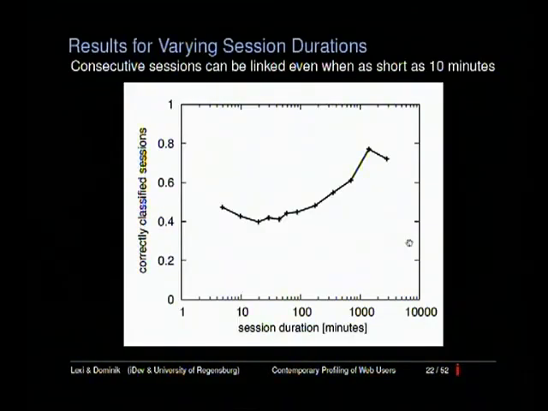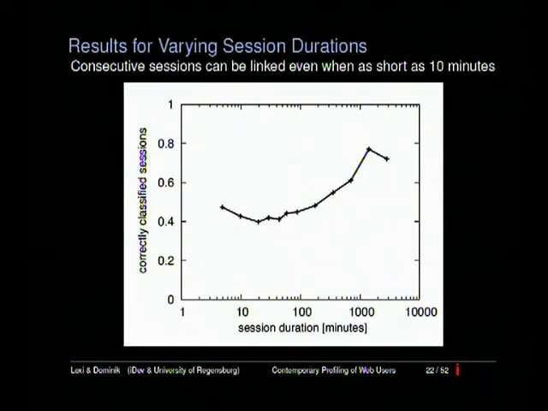Now, while this is certainly interesting and maybe even a problem, we wanted to know what the actual characteristics of this problem are. So what we did is we looked at different session times. So far, I only looked at day, meaning 24-hour session times, and you see this is the peak with 1,440 minutes in this graph.